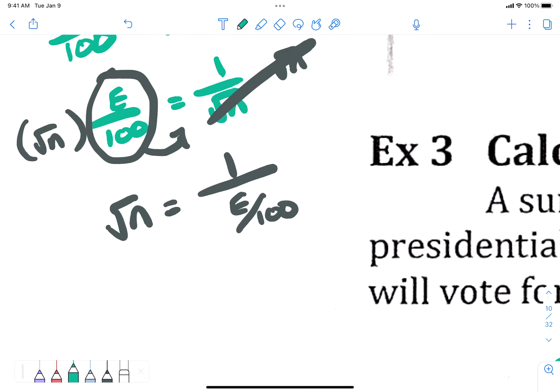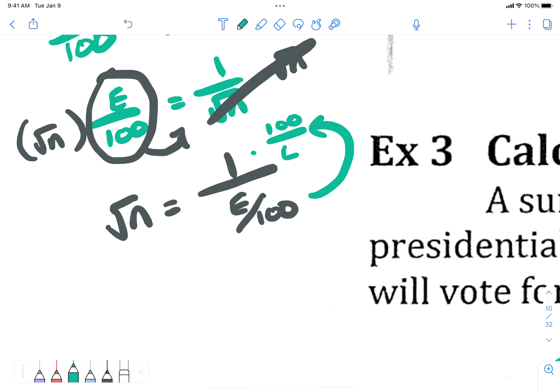If we're dividing by a fraction, we keep, flip. We're multiplying by the reciprocal.